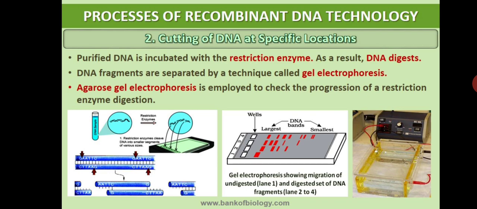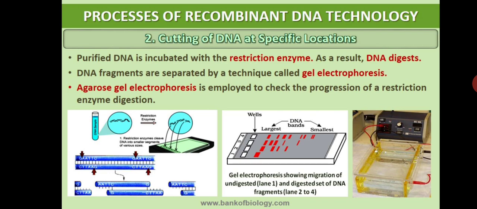A restriction enzyme can cut the DNA molecule only at a specific recognized site. And what are those specific recognized sites? Where palindromic sequences are present, there only the DNA molecule can be cut. Here one particular sequence we have shown is GAATTC.